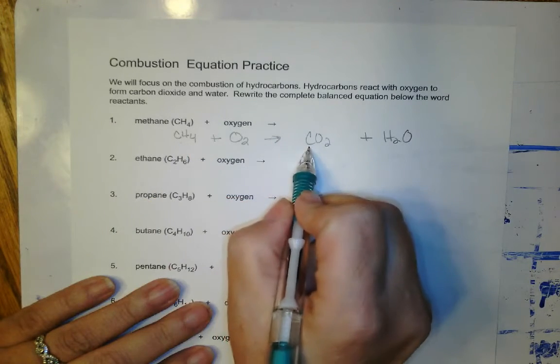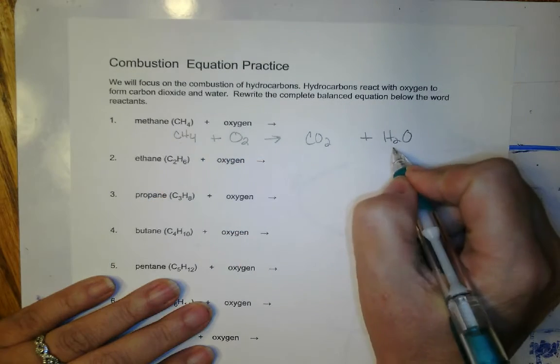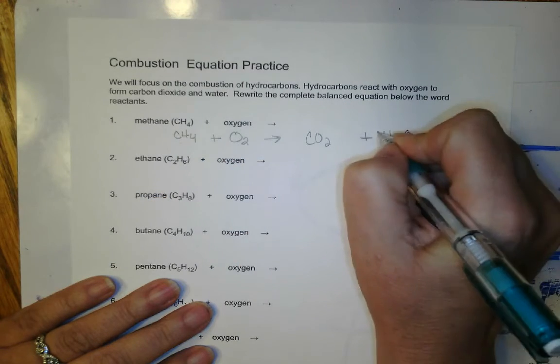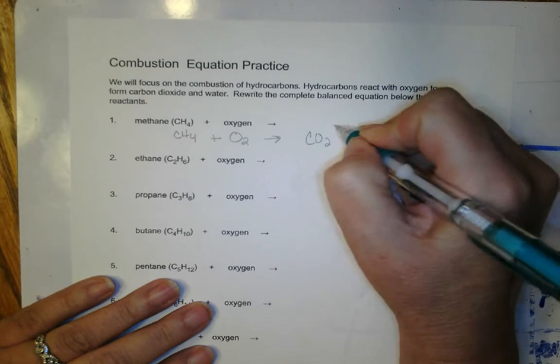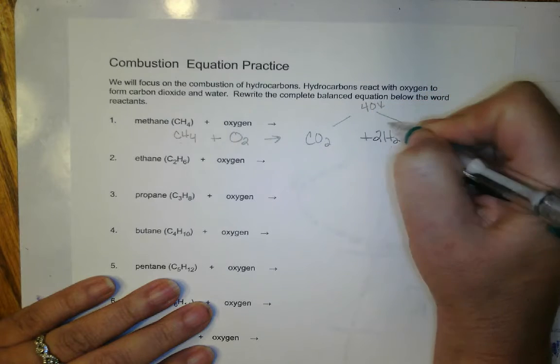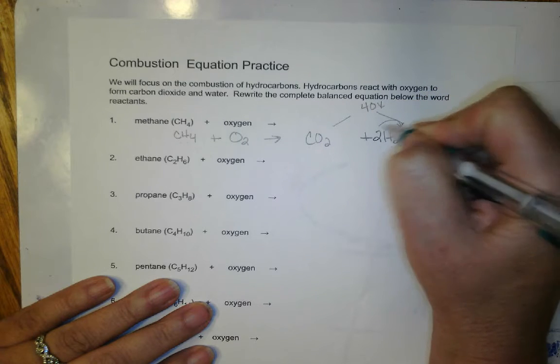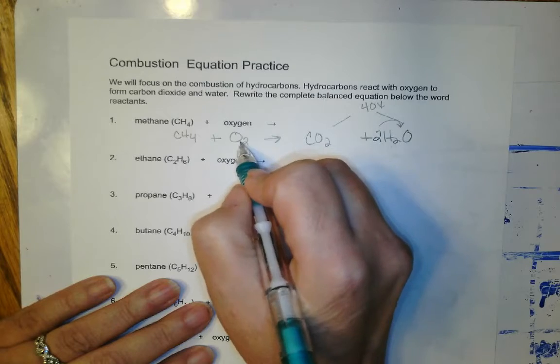Okay, so we always, in our hydrocarbon combustion, we always do our carbons first. I've got one there, I've got one there. I've got 4 hydrogens there. I only have 2 hydrogens there, so I'm going to put a 2 there, and that's going to make 4. And now what I have here is 4 oxygens, because remember, this 2 distributes, okay? And so how do I make 4 oxygens on this side?